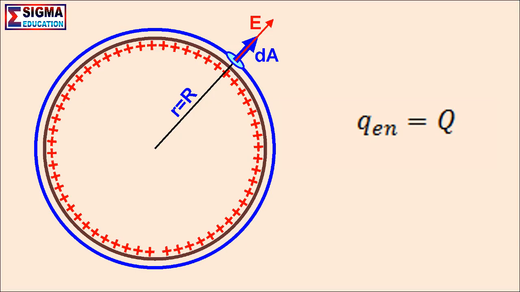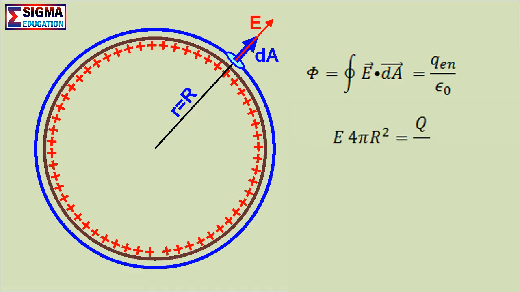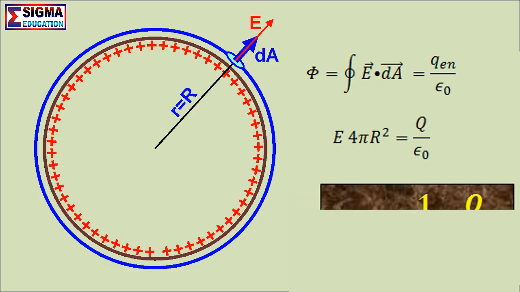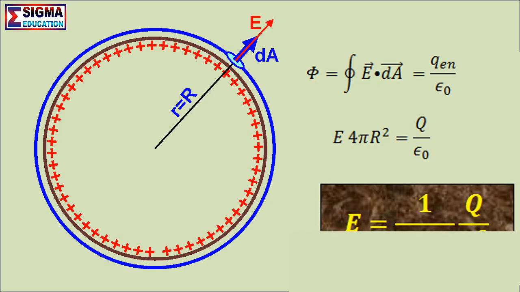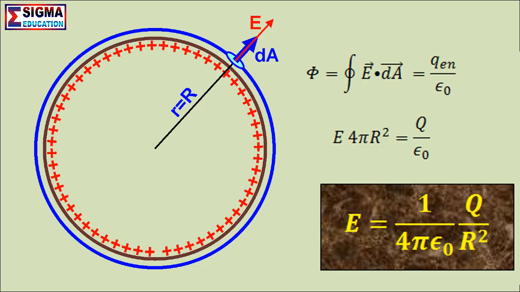Therefore, Q enclosed equals capital Q. Now we apply Gauss's law to find the electric field intensity at the surface of the shell. Put the values of electric flux and Q enclosed. We get the electric field intensity at the surface of the shell: capital E equal to 1 upon 4 pi epsilon naught capital Q upon capital R square.